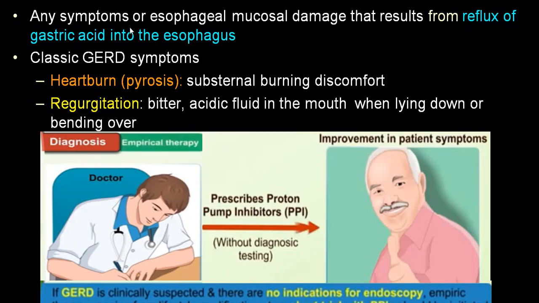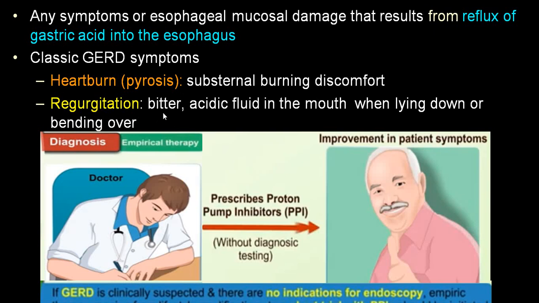Symptoms of esophageal mucosal damage result from reflux of gastric content into the esophagus, like heartburn, also called pyrosis, which presents in the form of a substernal burning pain.